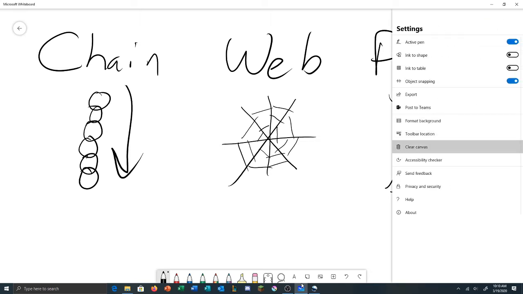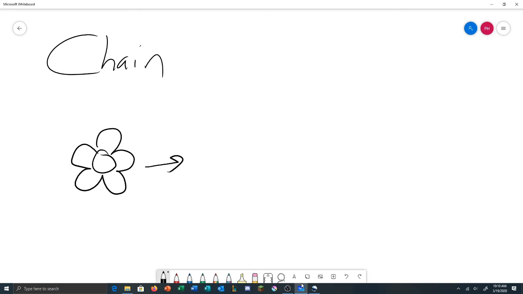Now, a clear example of a food chain is, what if we start with our little flower friend? What would get eaten? That's our producer, right? Chains, webs, pyramids, they all start with a producer. Keep that in mind. Producers make the food. They have to be number one because they're the only ones who can make it. Number two, a little bug could come along and eat the flower.